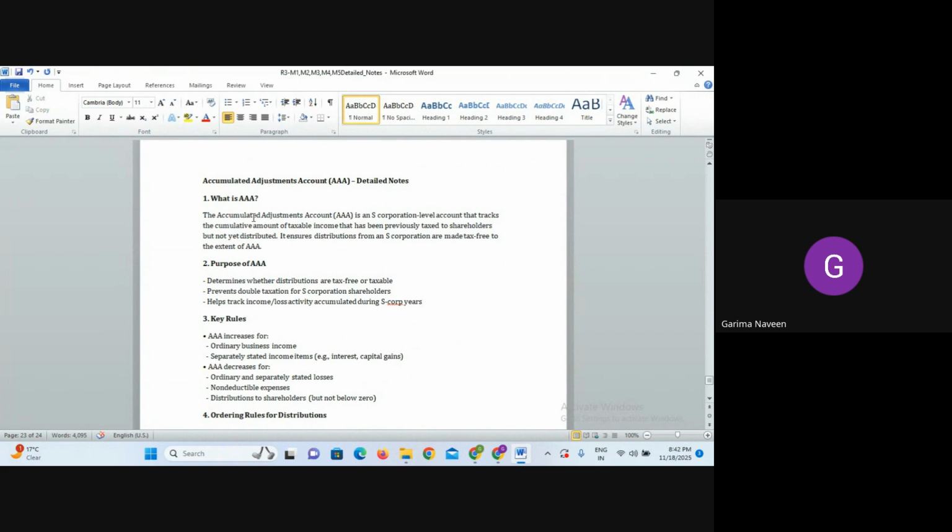It represents all the income an S corporation has earned which is already taxed to the shareholders but has not been distributed to them. It ensures that distributions are made tax free to the extent of AAA. Since this income is already taxed, if you distribute from this account to your shareholders, it will be considered a tax-free distribution.